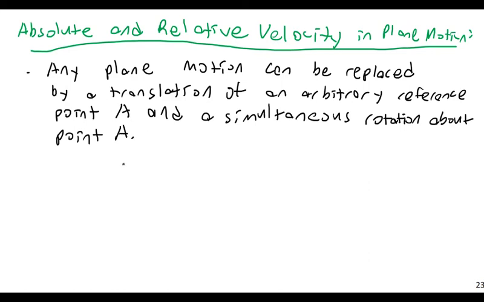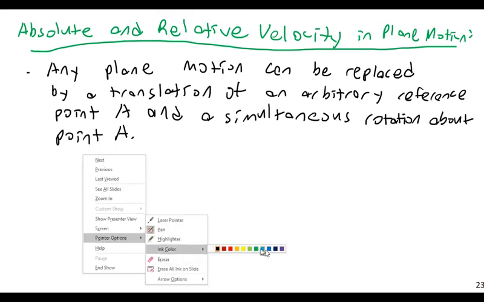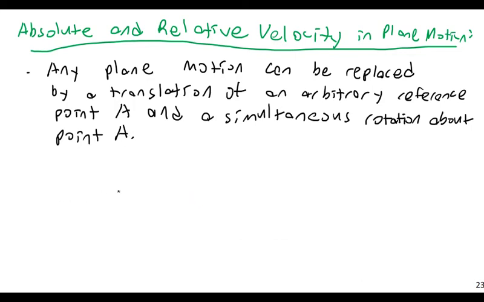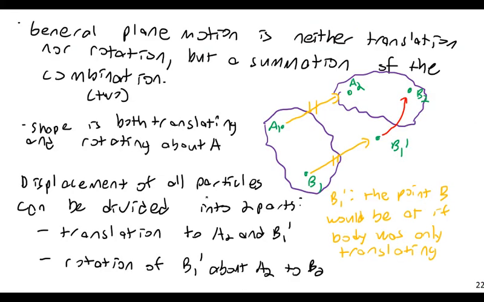So if I have two absolute velocities here, I'm going to draw my potato body again, and I'll draw this potato 3 times. Oh, I don't want to do it in that. I like making my potatoes in purple.